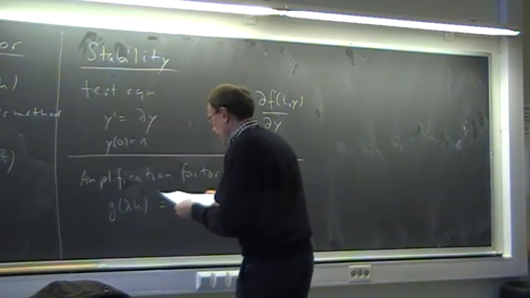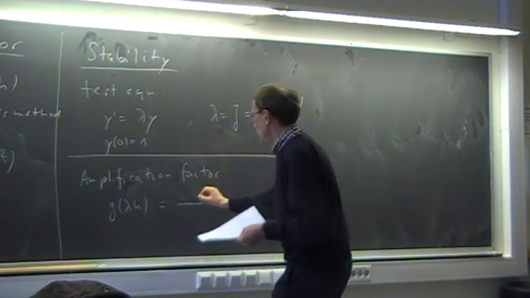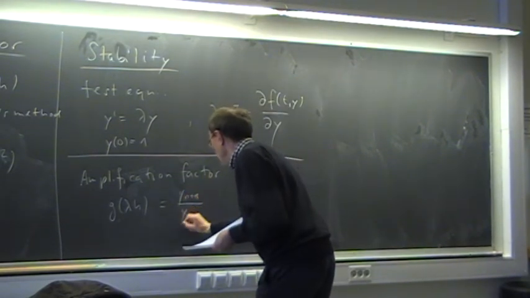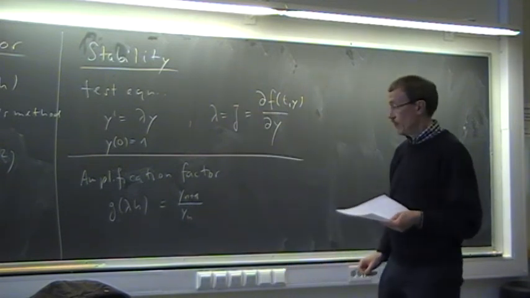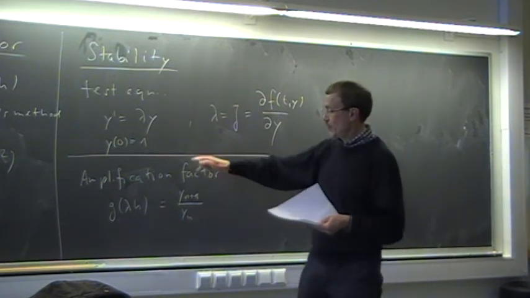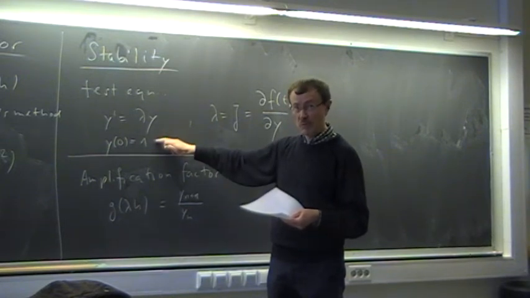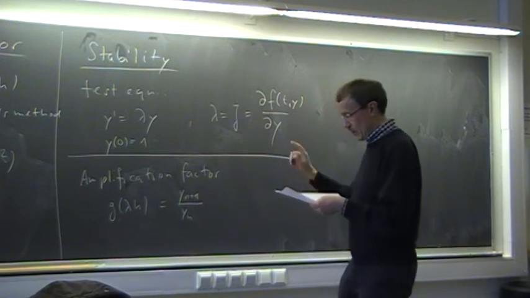We plug it in, compute the solution at the new time level with the numerical method and divide it by the old time level. With this choice, it is the same as y1 over y0, which is 1, so it's y1. But this is not important.